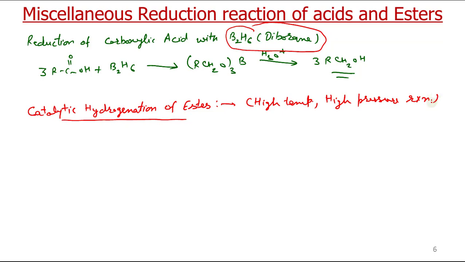In this reaction, suppose we have any ester RCOOR dash, it reacts with hydrogen gas at high temperature and high pressure, something like 525 Kelvin and 300 atmosphere pressure.